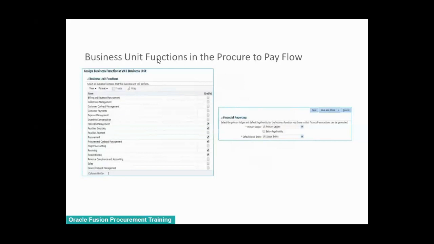Okay, whatever business functions you select, keep the procurement flow, the PTP flow, in mind. To perform the entire procurement flow for a business unit, we have to select from requisition to invoicing and payments, so that business unit will be considered a PTP enabled business unit.